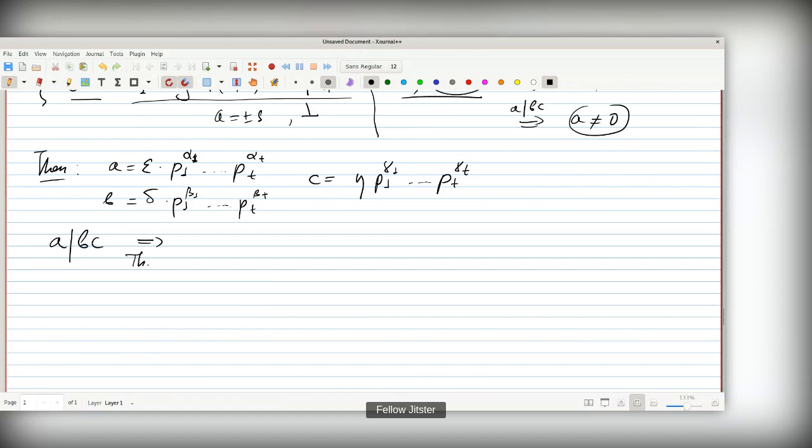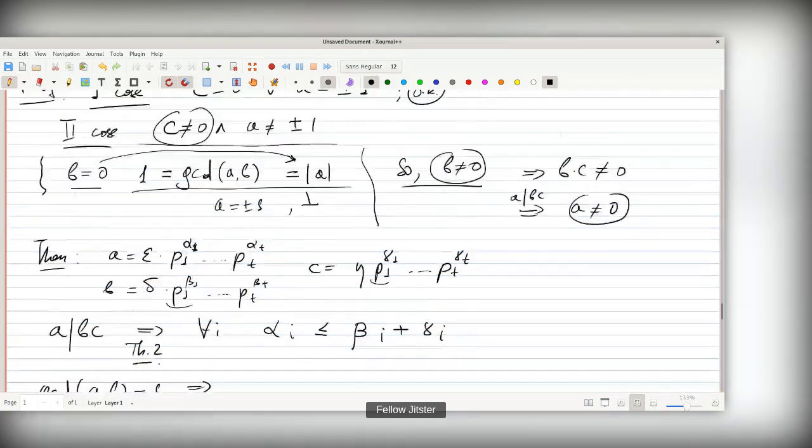So by our divisibility criterion, that means that for every I, the degree of pi in A, which is alpha I, is less or equal than the degree of pi in this product, B multiplied by C. And that degree is just beta I plus gamma I. On the other hand, we know that the greatest common divisor of A and B is just one, they are coprime.